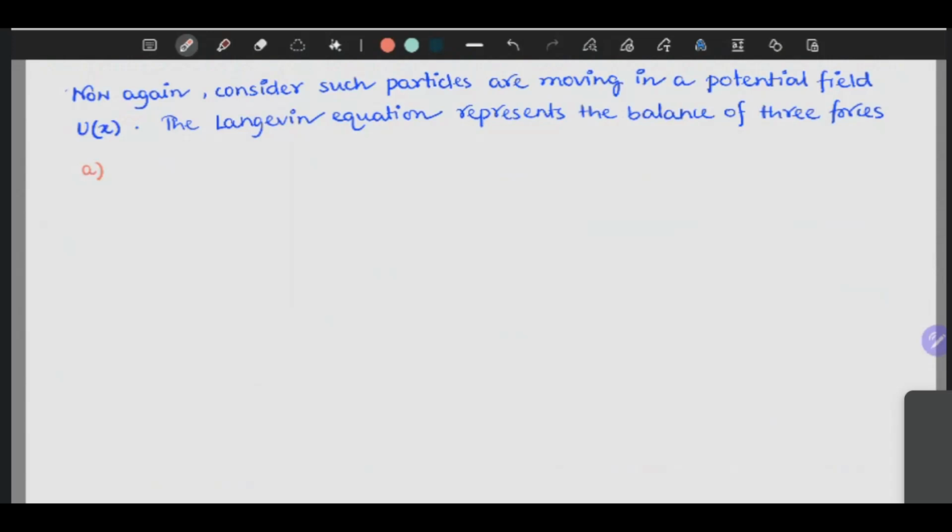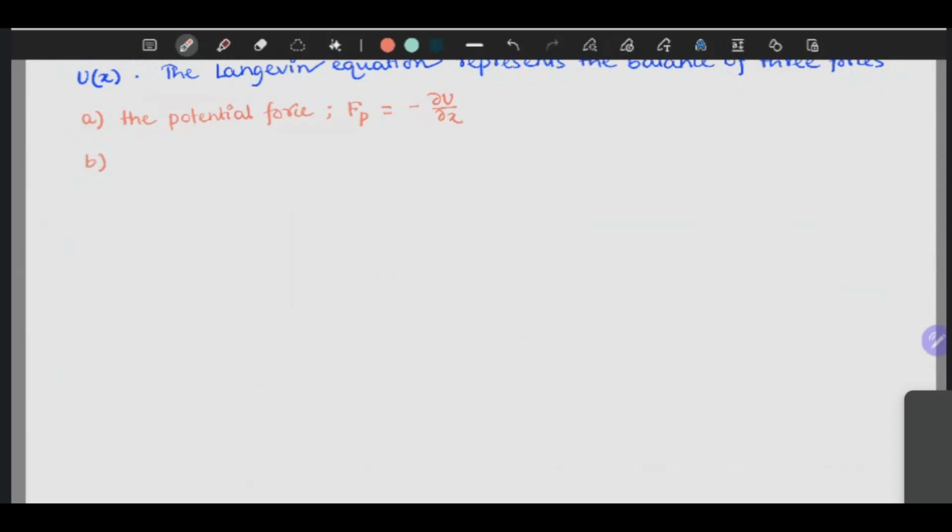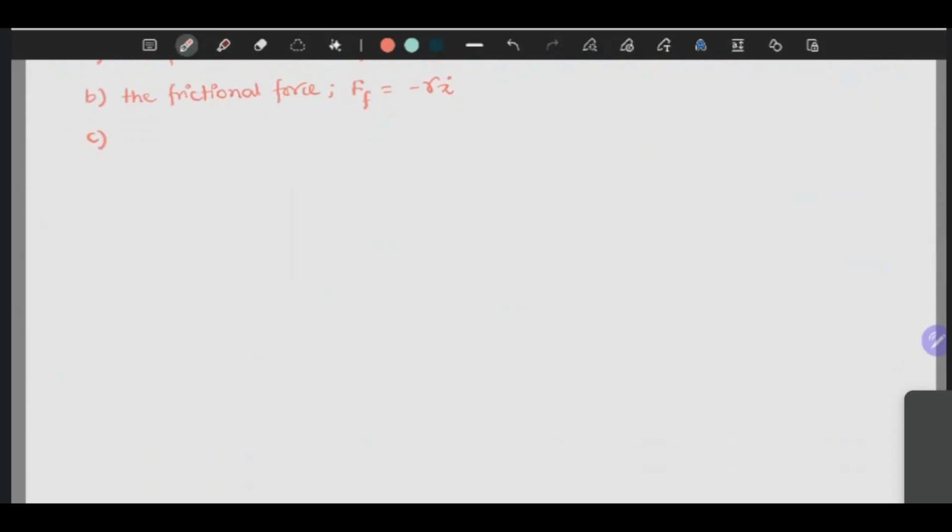So first, the potential force, which is Fp is equal to minus dU/dx, the frictional force is minus gamma x dot, and the random force.